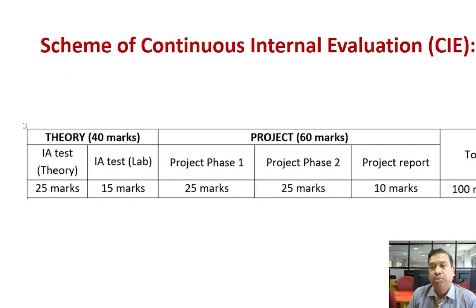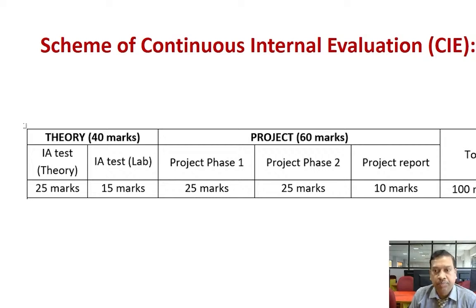Now coming to the CIE pattern, as you can see in this format, the CIE is divided into theory and project. Theory is of 40 marks and the project is for 60 marks. For theory, there will be one IA of 25 marks, and one lab IA which will carry 15 marks, and the project 60 marks.